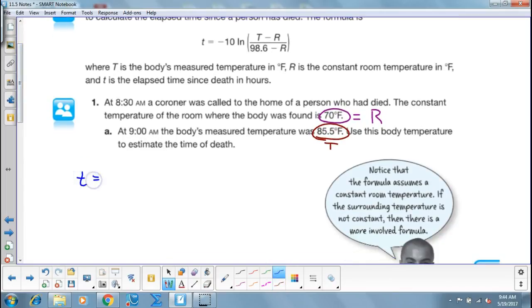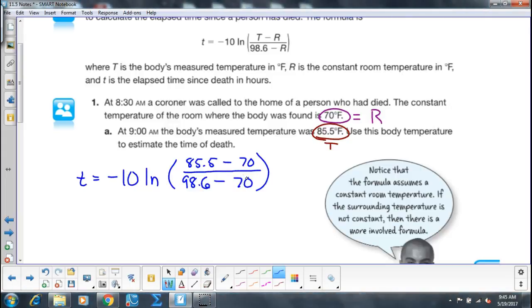And that's going to equal negative 10 times the natural log of capital T, which was 85.5 minus 70, all over 98.6 minus 70.